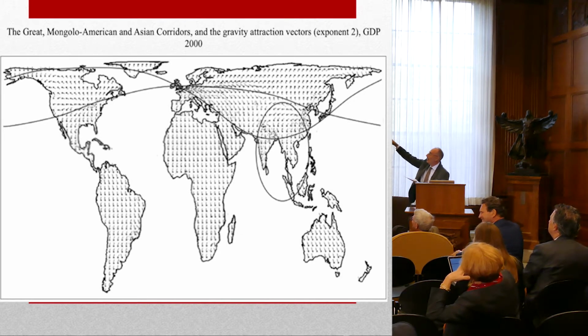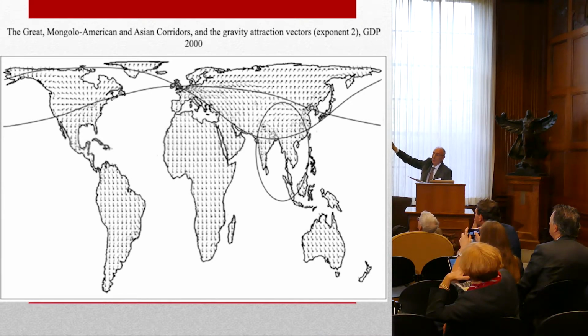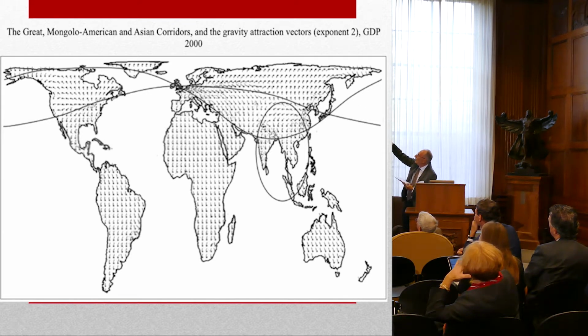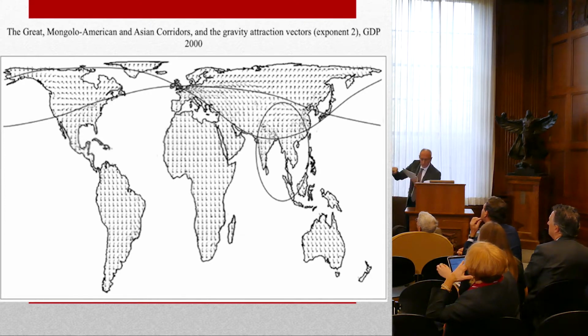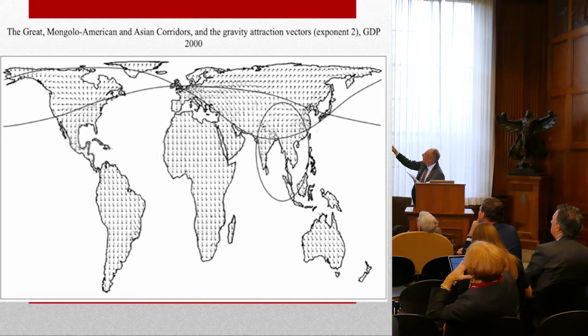And the third one, the Asian corridor, which is very important, it is the one that surrounds the Himalaya. So it's the Silk Road, continental Silk Road and maritime Silk Road. And you see the vectors here close to the Asian corridor.